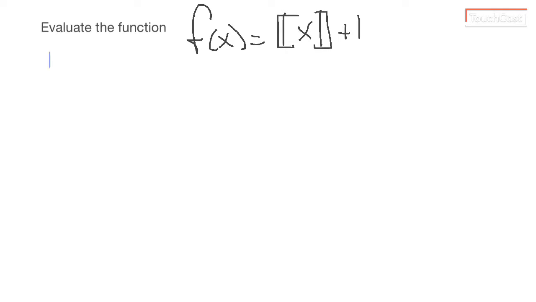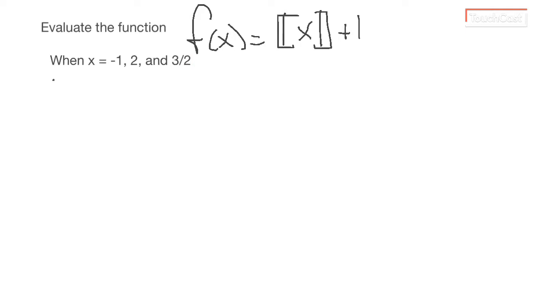So we're going to do this when x is equal to -1, when x is equal to 2, and when x is equal to 3 over 2.